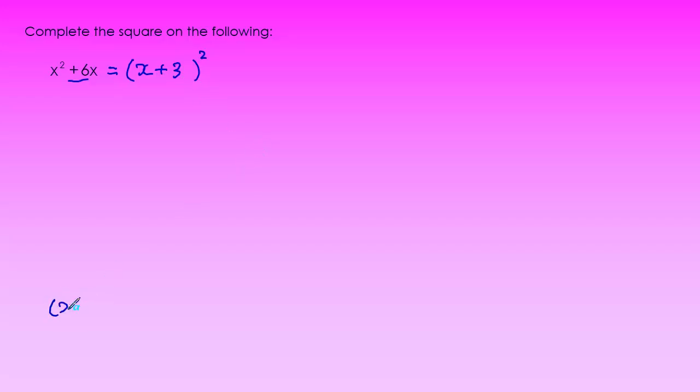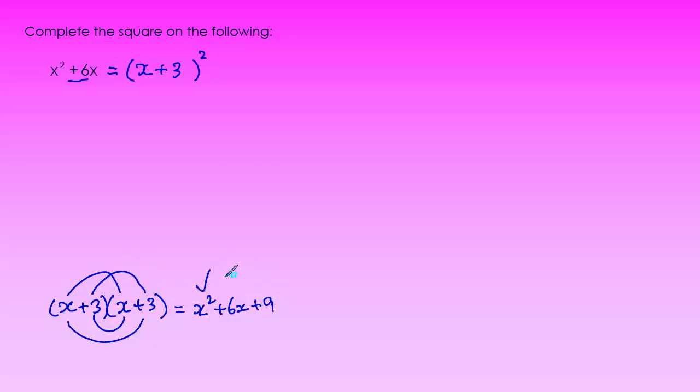Now let's think about x plus 3 squared. If we expand out, we get x squared plus 3x plus 3x is plus 6x, and then we get plus 9.